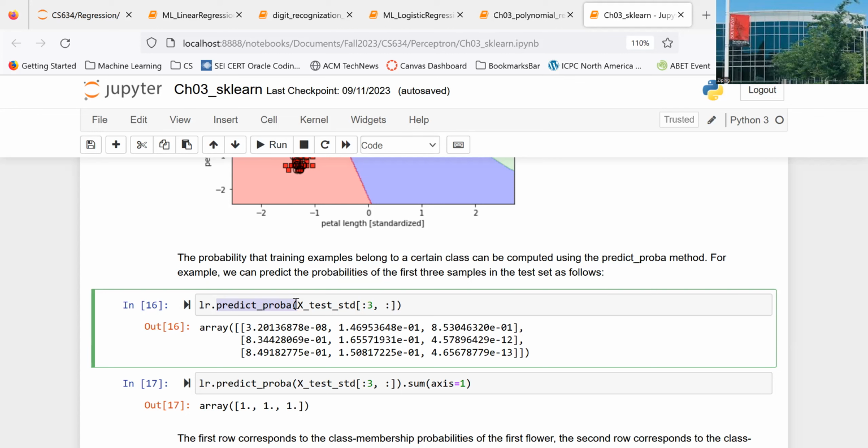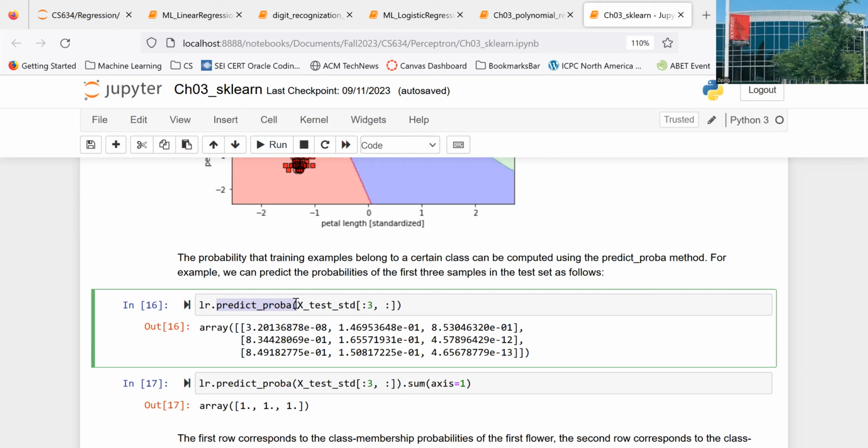So it is Virginica. Remember, we have these kinds of flowers. The third one has the highest probability, so it is that side. For the second sample, this one is the largest, so the second sample is the first kind of flower. For the third one, it's also the first.